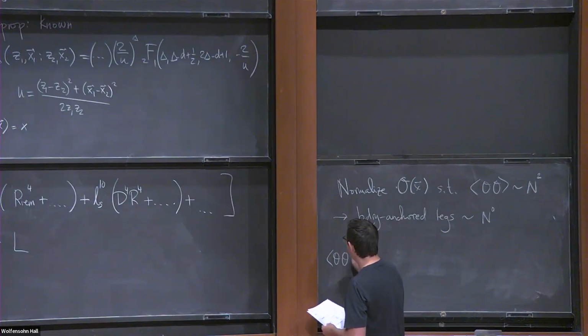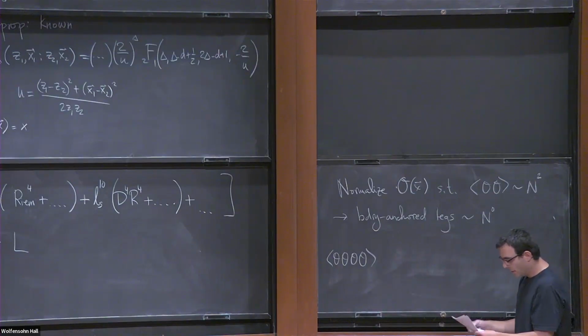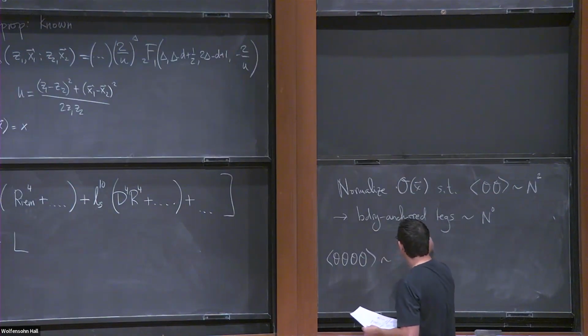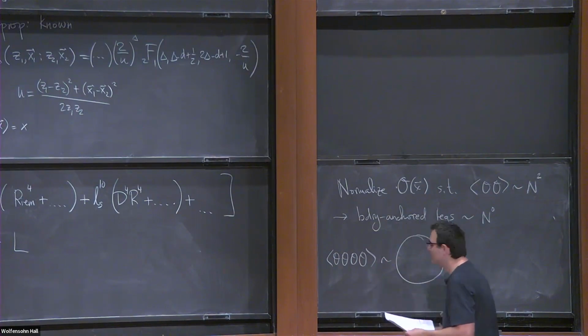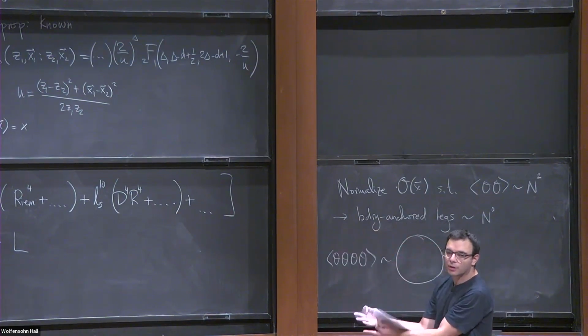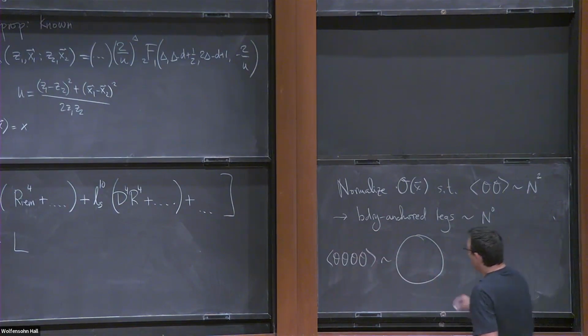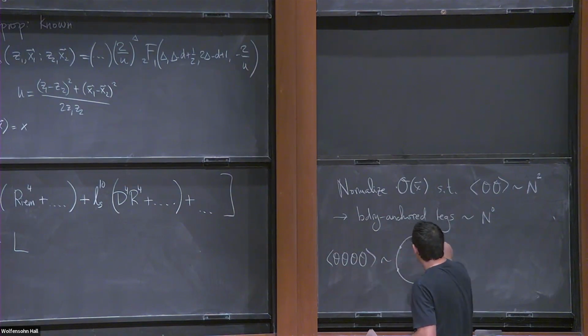So if we think about the 4-point function of O, whatever O is, at leading order, here it's easier to write the boundary not as flat but as a circle, but imagine that this circle is actually a plane. And the operators I'm going to put on the boundary of the circle.